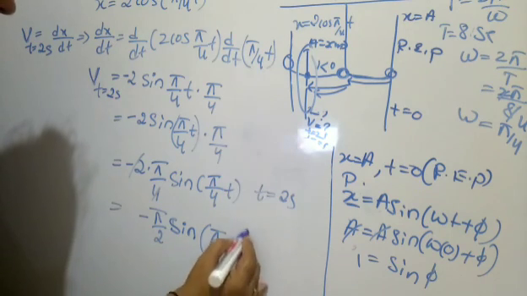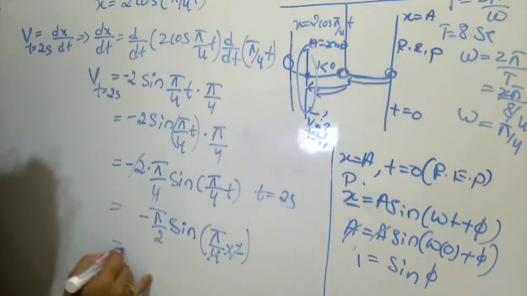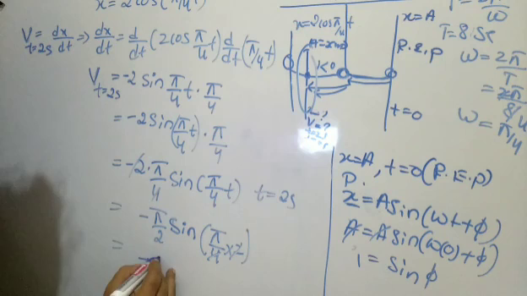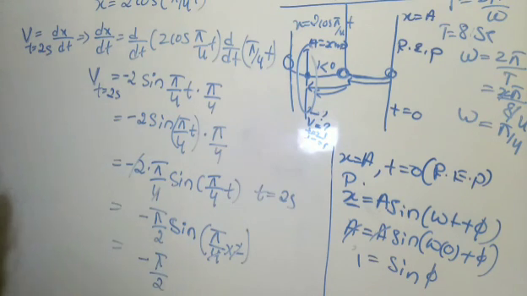So 2 ones are 2, 2 twos are 4. So what remains here? Minus pi by 2 sine of pi by 2.